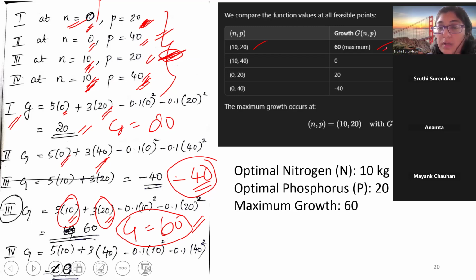So the maximum quantity of nitrogen that can be provided is 10. After providing that, if we provide the minimum quantity of phosphorus, we will get the maximum growth. For any other condition, the growth is going to be either 0 or less or negative. So this is the maximized growth, and these are the optimal parameters of N and P.